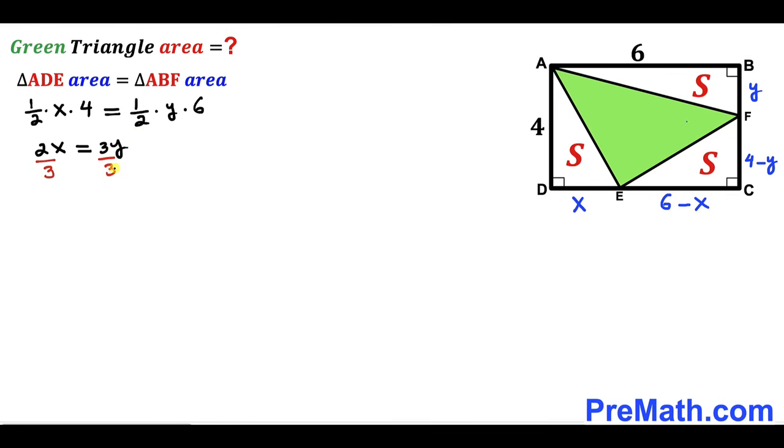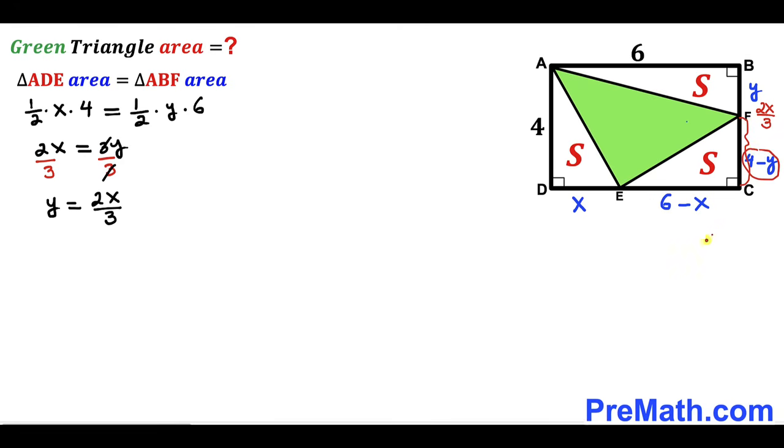Let's divide both sides by 3 to isolate y. This 3 and 3 is gone. So therefore y turns out to be equal to 2x divided by 3. So therefore our segment BF length y could be written as 2x divided by 3. And this segment FC length is going to be 4 minus y.